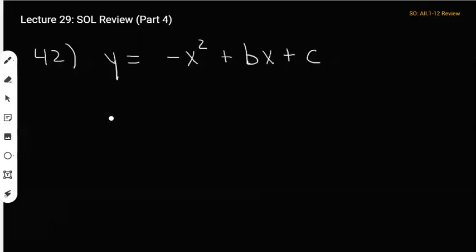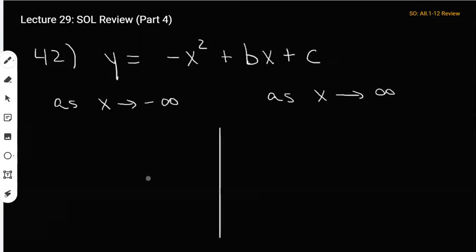Okay. So we want to find out what happens as x approaches negative infinity and as x approaches positive infinity. So the way this function is going to look is I'm going to do a quick graph of it right here. This will be my x-axis and this will be my y-axis.